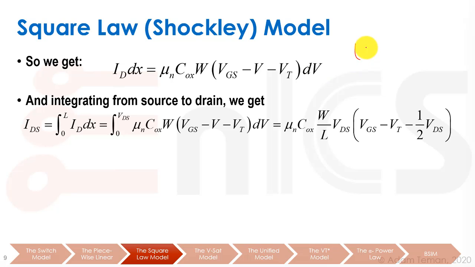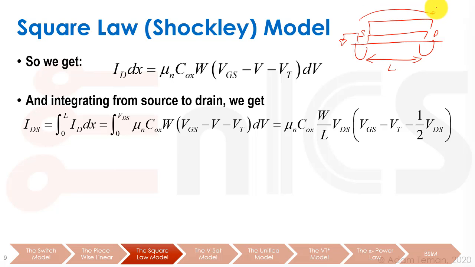So as we saw before, we had our MOS over here, and this whole channel length was L, and over here was D, and over here was S. So we can run from the voltage 0, let's say this is connected to our reference voltage, until VDS.